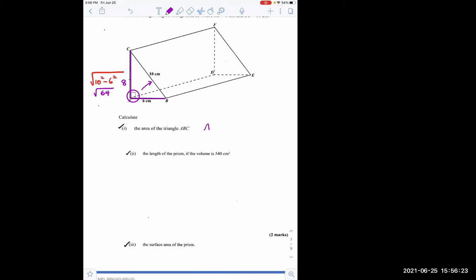So find for me the area using base by height over 2. Here is the base. Here is the height. Work it out.